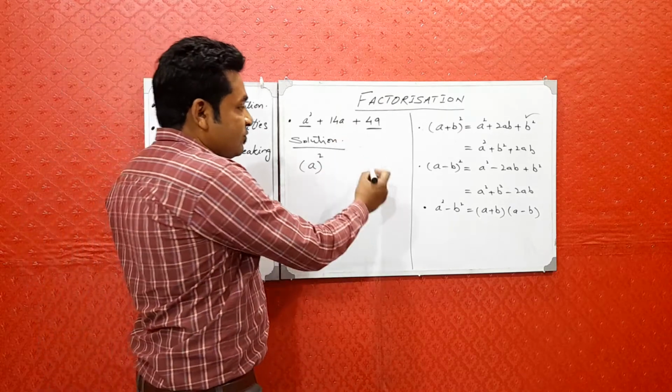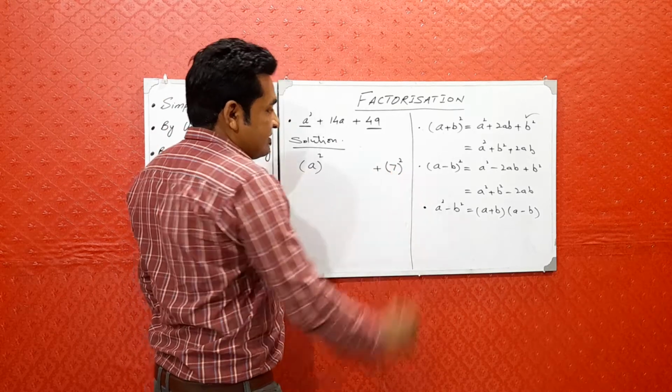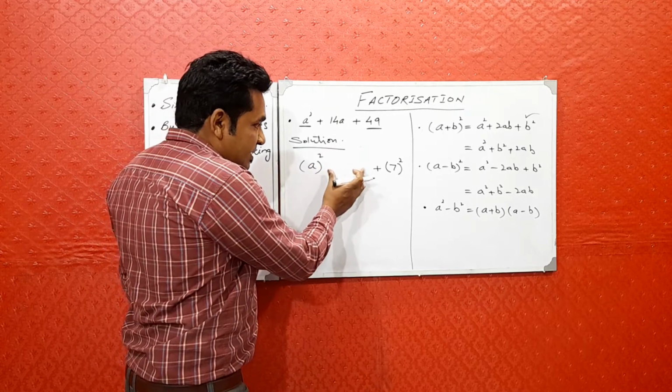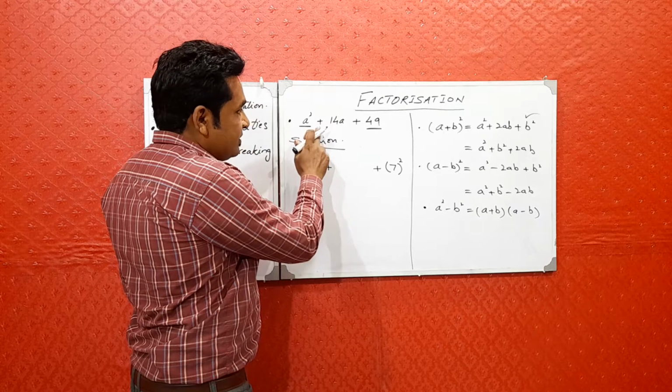And 49 is a perfect square of 7, because 7 sevens are 49.